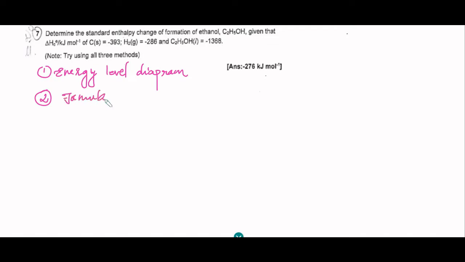Formula means enthalpy of reaction is equal to enthalpy of products minus reactants, using that particular formula. We have to solve this question using all these three methods. For the time being, let's focus on the energy level diagram method.